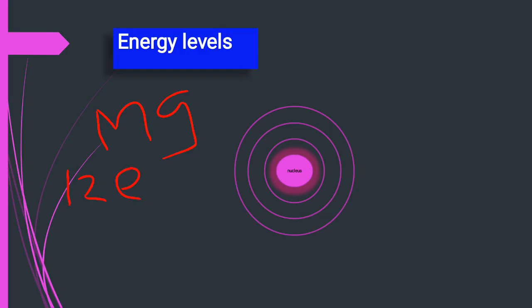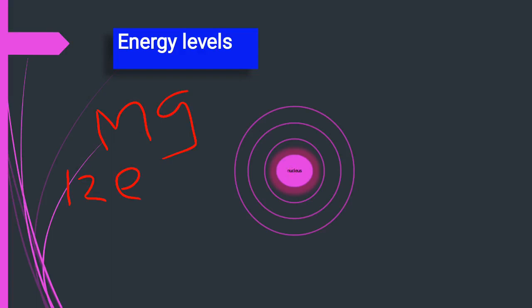So we need to ask ourselves, how will these electrons be distributed in the atom of magnesium? This is how the electrons will be distributed. Let me change the color.